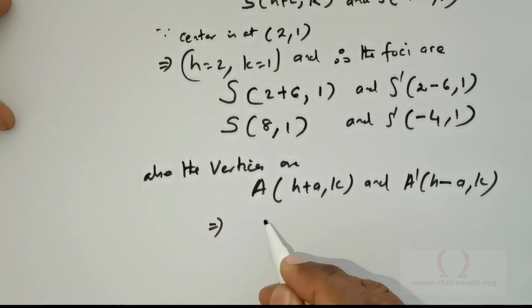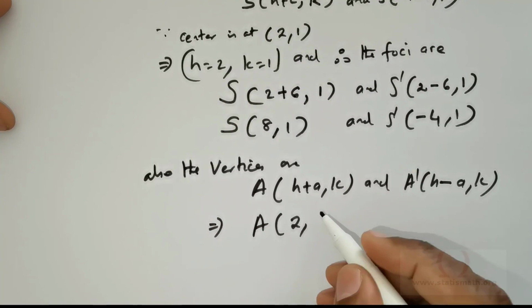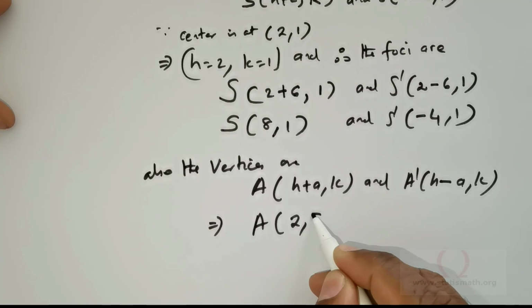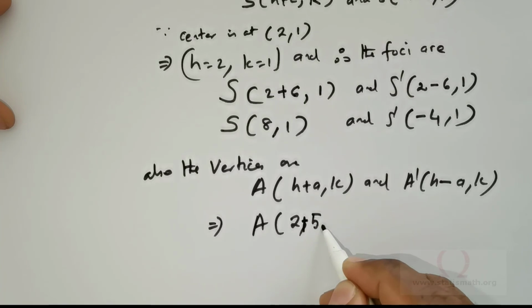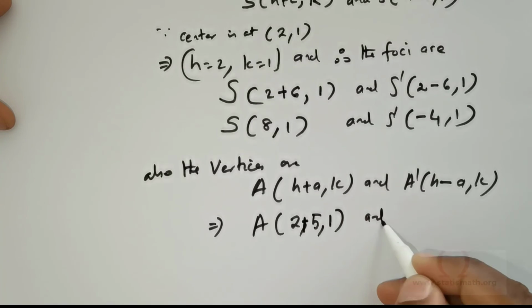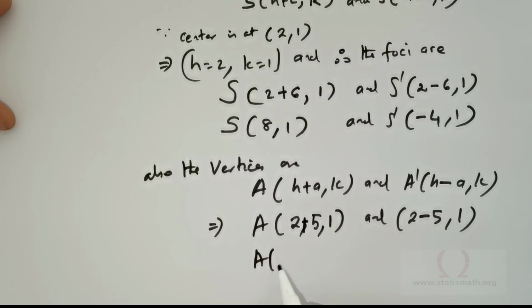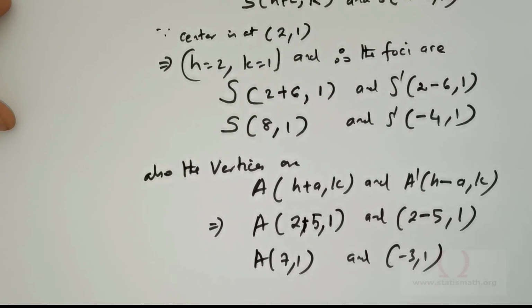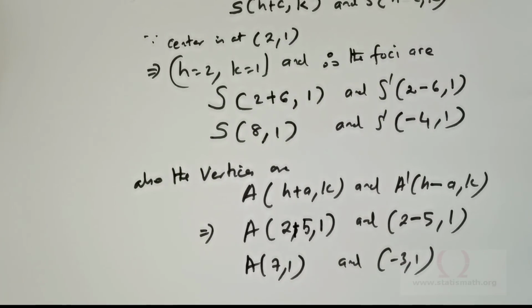This means my h is 2, my a is found to be 5. So that's going to be 2 positive 5 comma k is 1 and 2 negative 5 comma k is 1. So this is going to be A of 7 comma 1 and A dash of negative 3 comma 1. So that completes the solution to this question, students. Practice these.